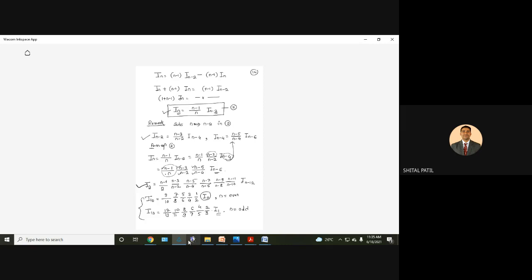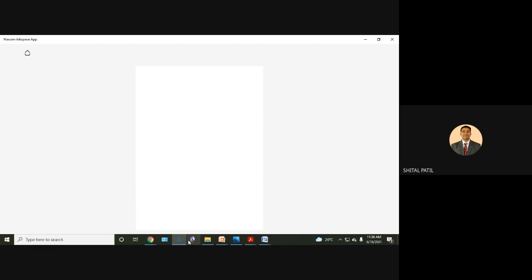I'll go to the next page, page number 14. I'll revise everything once again, in short, only the required things. Right now we are here, 15. We started with this example. Our aim was to find the reduction formula for I_n equal to integral 0 to pi by 2 of sine raised to n x dx, and we reached here.